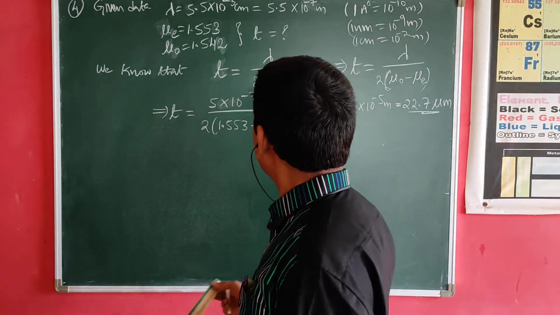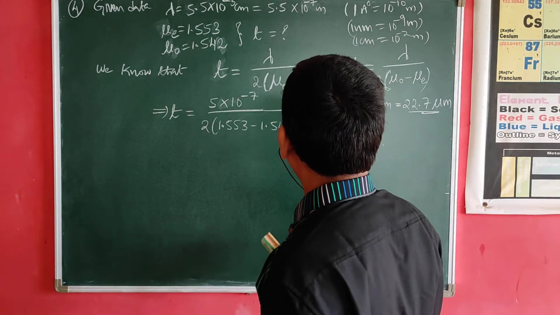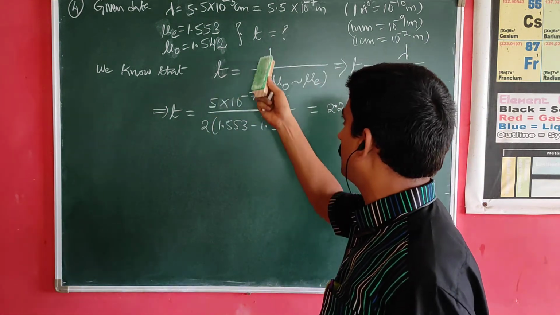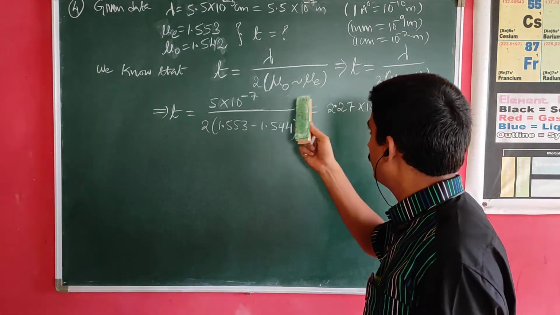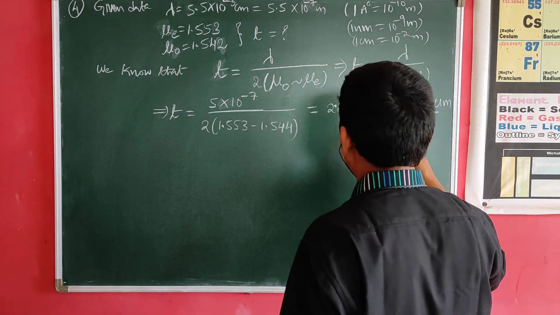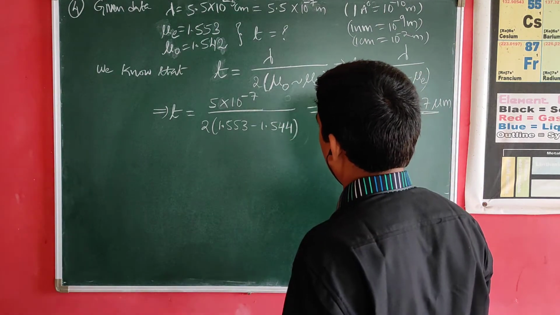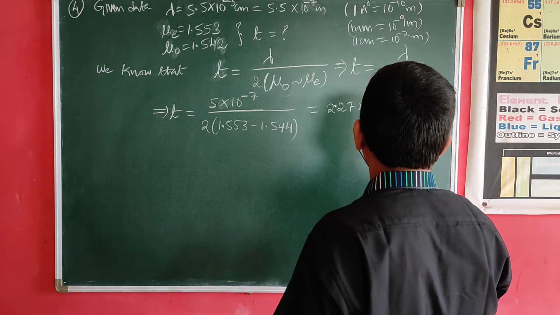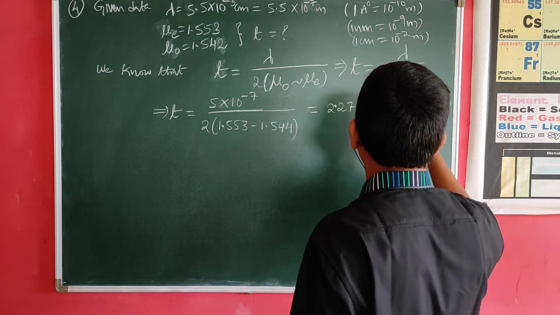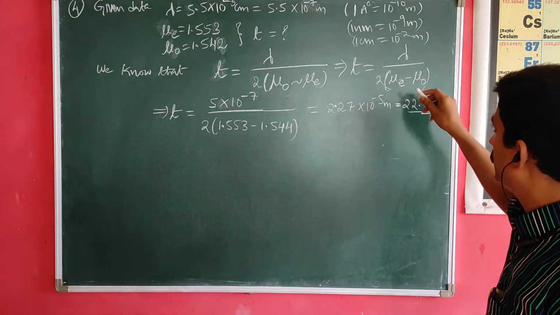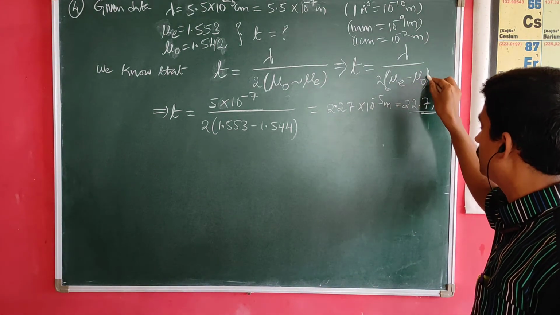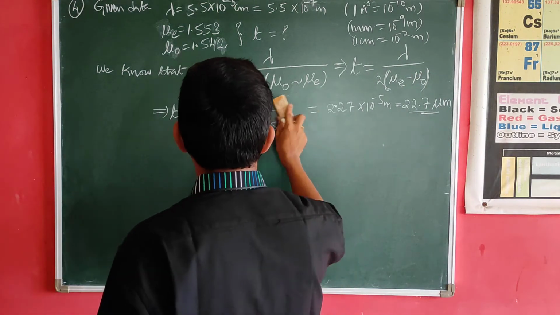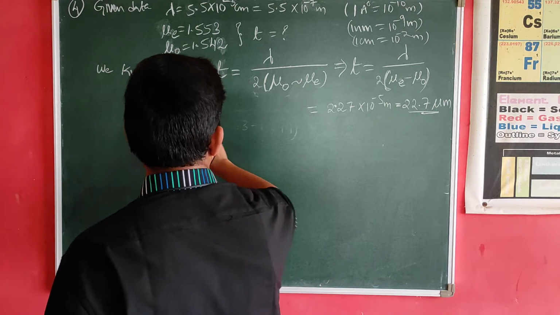The given formula is thickness T equal to lambda by 2 into mu O difference mu E. Here mu E is having the higher value and mu O is having the smaller value, hence you need to rearrange the terms: lambda by 2 into mu E minus mu O. Now substitute the values in the formula.